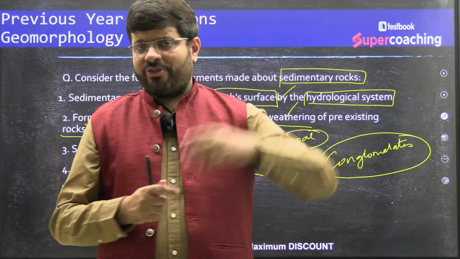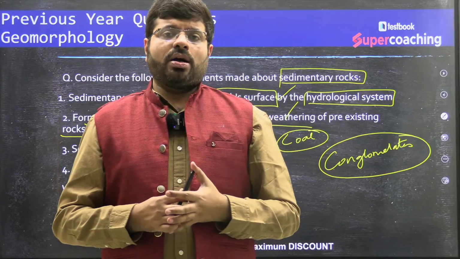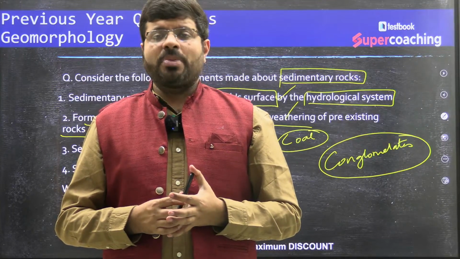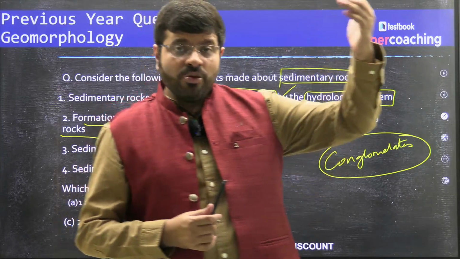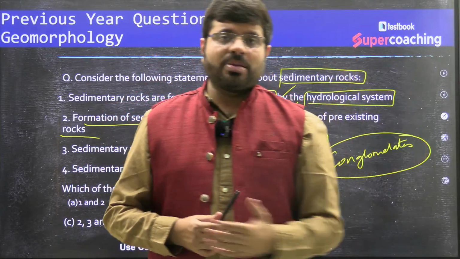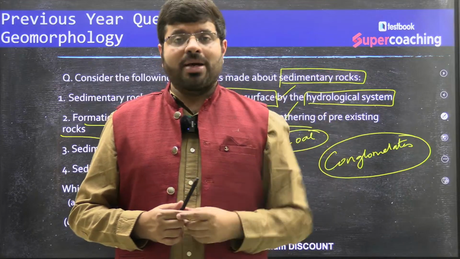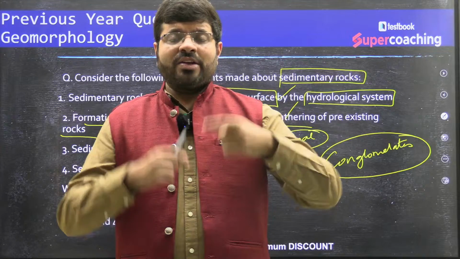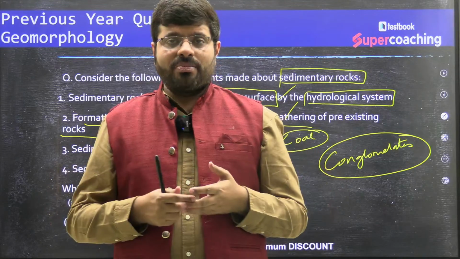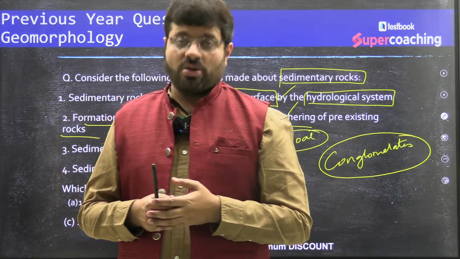So, when the river Ganga or else Brahmaputra or whatever the rivers coming from the Himalayas, as they are moving across the greater Himalayas, lesser Himalayas, they are eroding the Himalayas and dumping their things on the Shivaliks, and which got accumulated over a period of time, turned into conglomerate rocks.